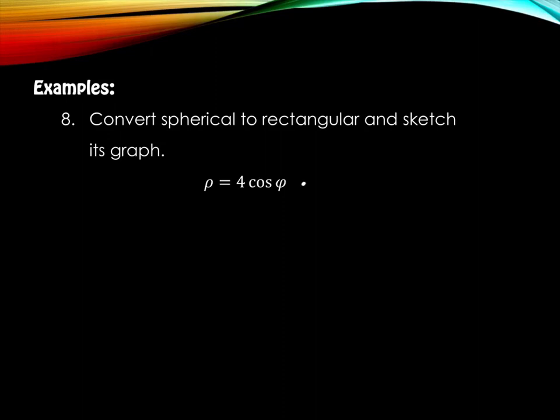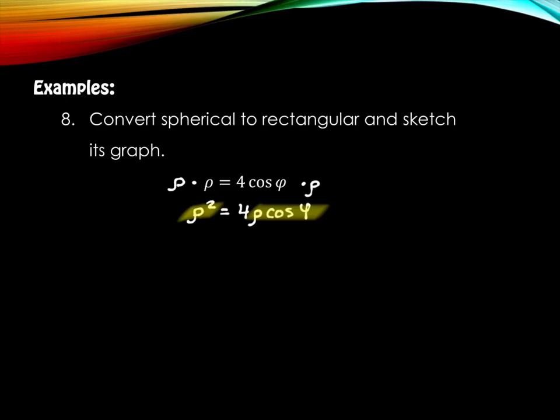Okay. If I do it to the left, I have to do it to the right, but that's actually kind of nice because what's on the left-hand side now? Rho squared. We have a formula for that, right? And this is now rho cosine phi, and we have a formula that says what this is.